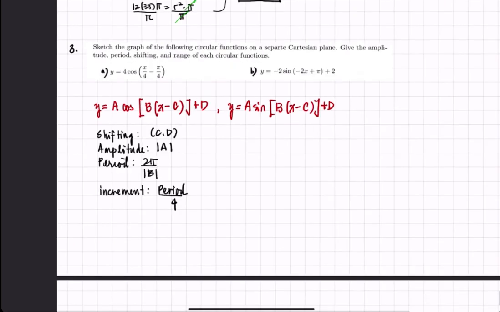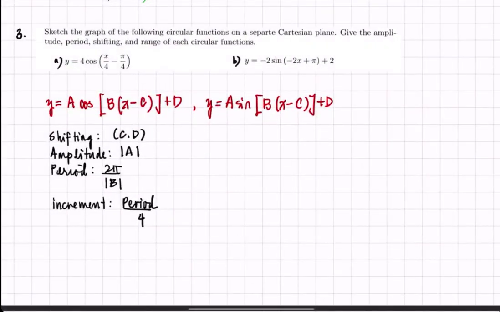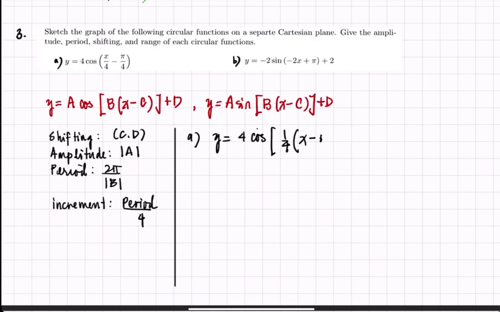So, let us do letter A. Okay, for letter A, so you have to factor out this 1/4. So x minus pi, magiging ganyan siya, 'di ba? Tapos plus 0.